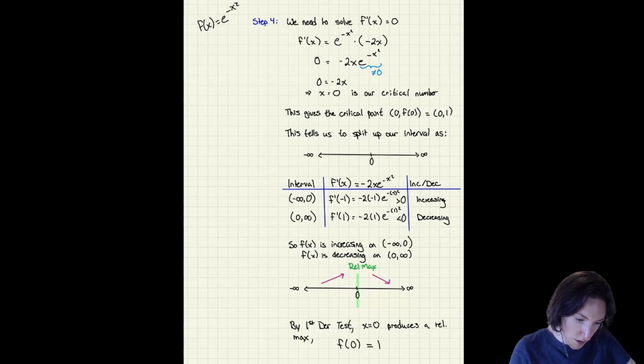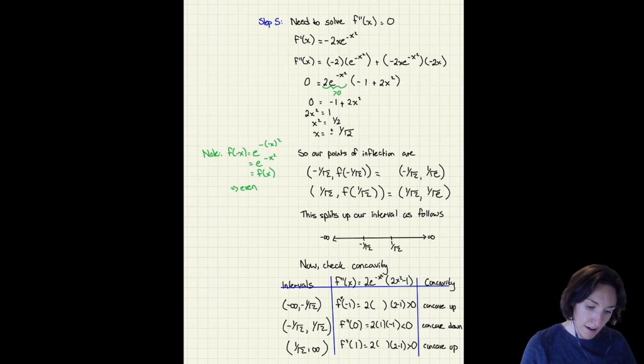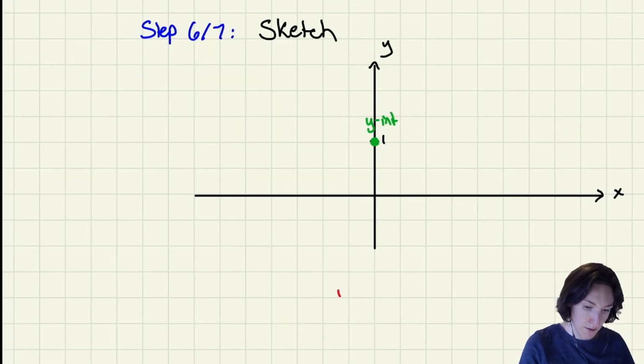Oh, not inflection. This was a critical point as well at 0, 1. So we know that we're going to have a horizontal tangent at this point. So this is also the critical point.